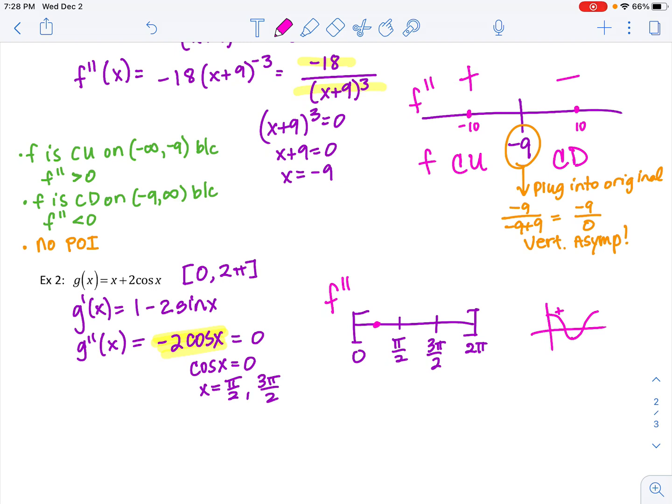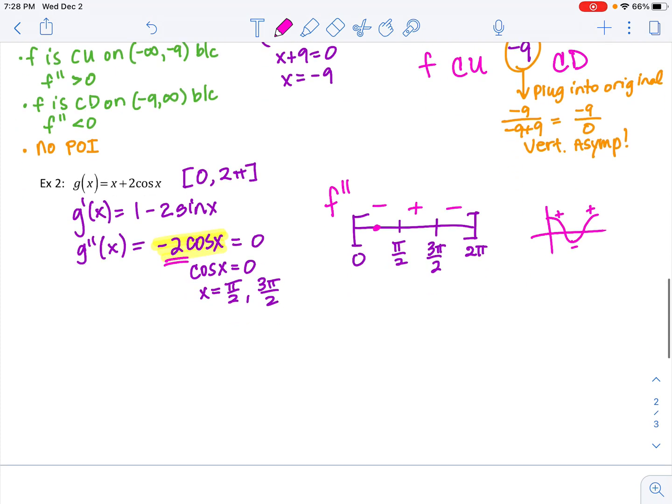So I know cosine is positive here, it's negative between pi halves and 3 pi halves, and then it's positive here. And I also know that the negative 2 in front of that derivative changes all of those signs when I multiply by a negative number. So this is actually going to go minus plus minus. And then I can go ahead and justify right from there.